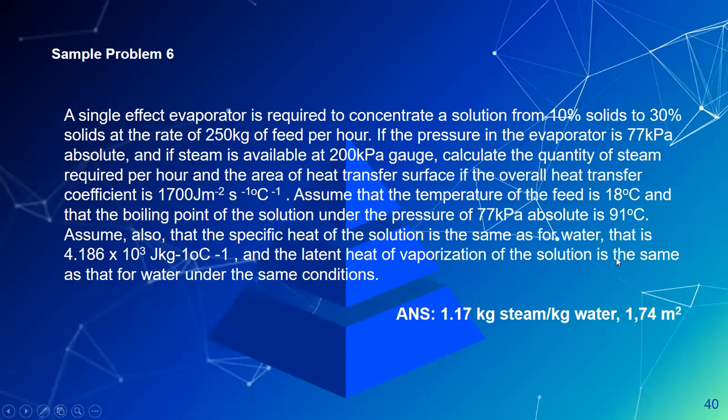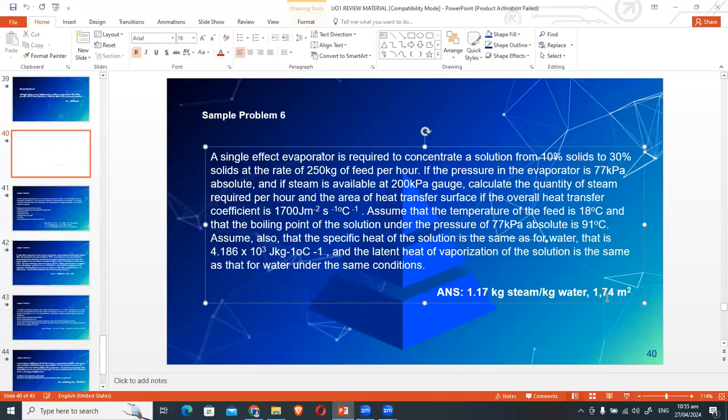Okay, so you're asked to calculate the quantity of steam required per hour. The heat transfer area is 1.74. By the way, for the quantity of steam, the answer that I provided here is not anymore the kilogram of steam per hour used, but rather the evaporator economy or the steam economy.